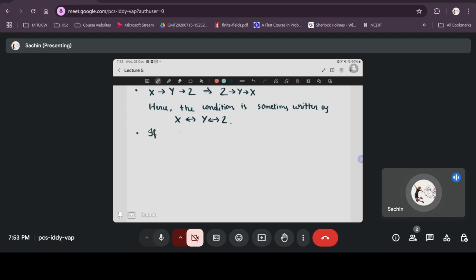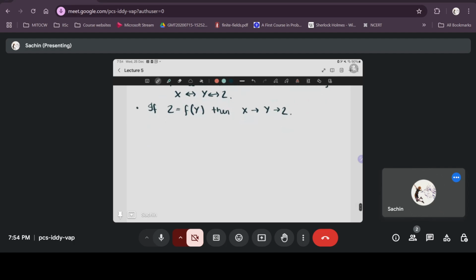The third consequence is that if z is completely a function of y, that is, it completely depends on y, then given y, z is known. So z is independent of x. It only depends on y. That means x, y, z forms a Markov chain. So if z is a function of y, x, y, z forms a Markov chain for any random variable x.